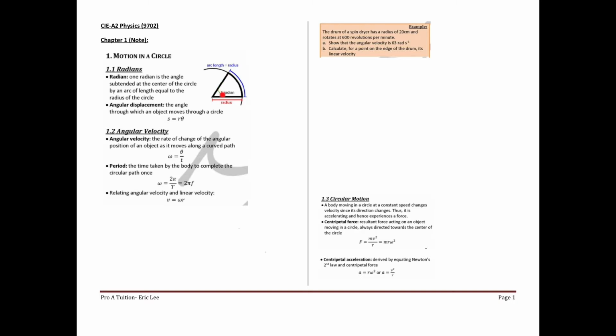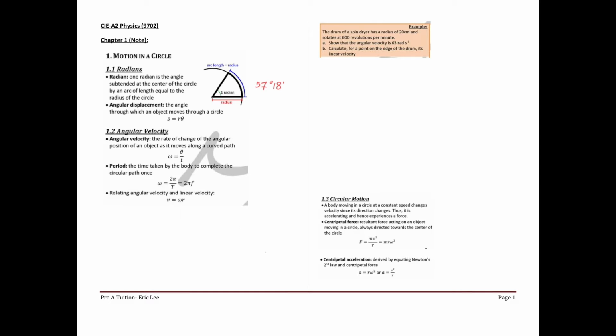In that case, the angle subtended here is going to be 1 radian. So 1 radian is true whenever the arc length is equal to the radius. If you have 10 cm for the arc length and 10 cm for the radius, the angle here is also 1 radian. And just for your information also, 1 radian is about 57 degrees and 18 minutes.